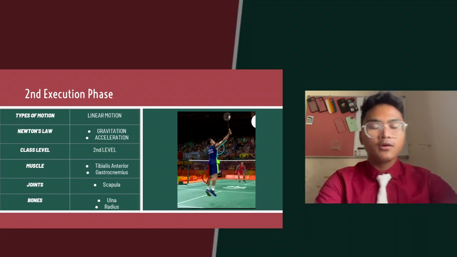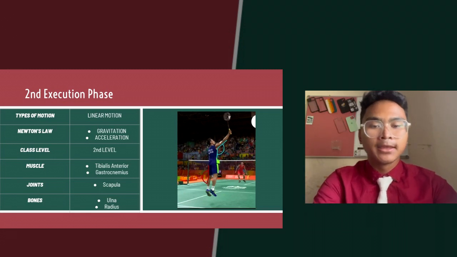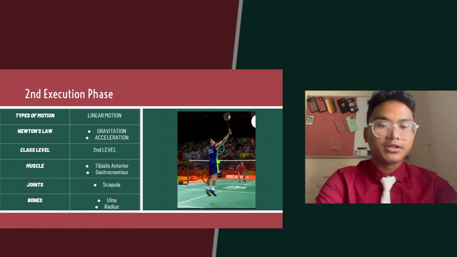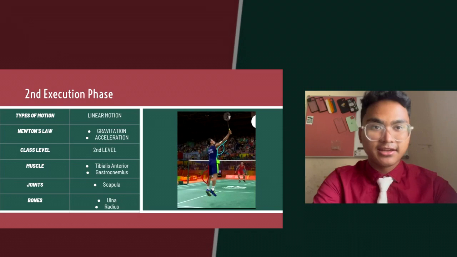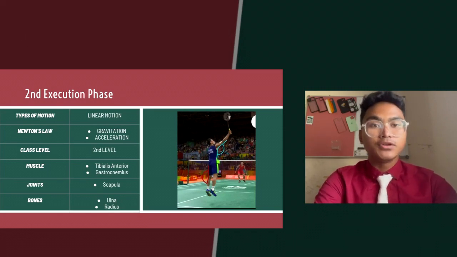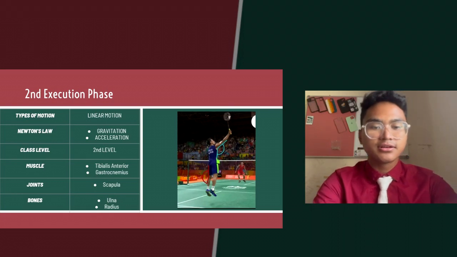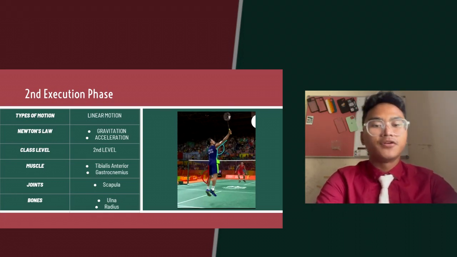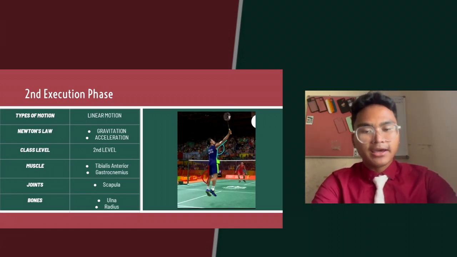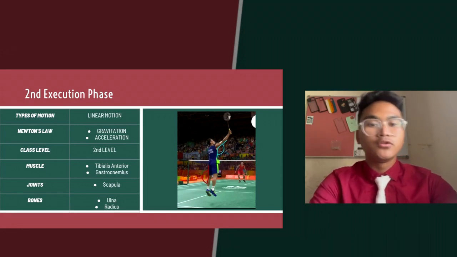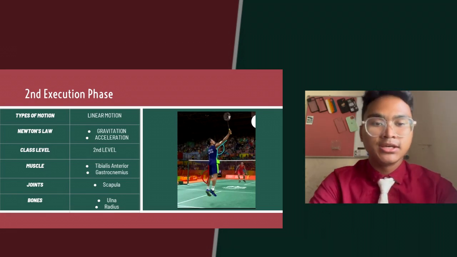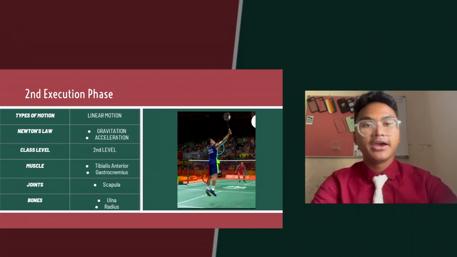We want to smash the shuttle. The class level for this phase is the second level. The muscles that we use are tibialis anterior and gastrocnemius, for the joint it is the scapula, and for the bones we use the ulna and radius.